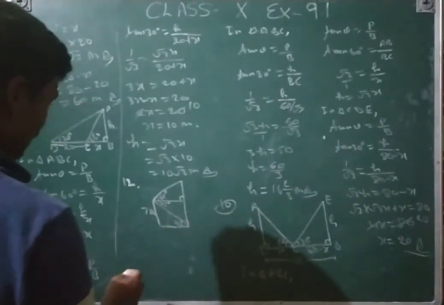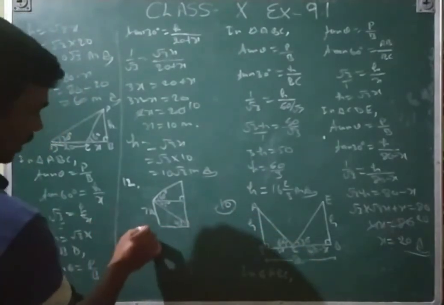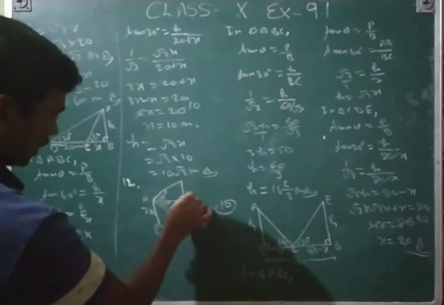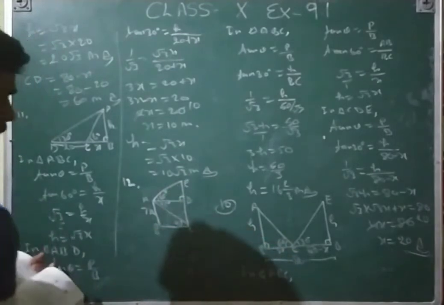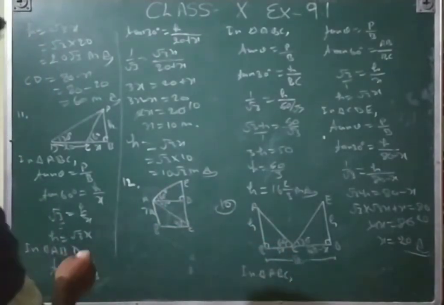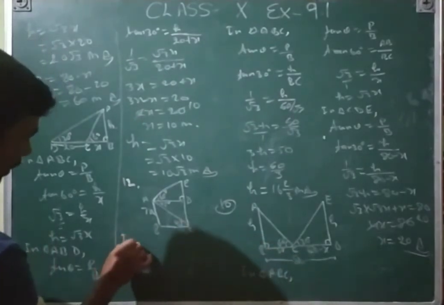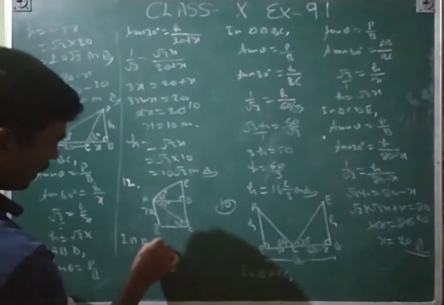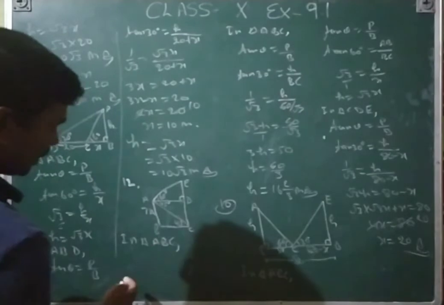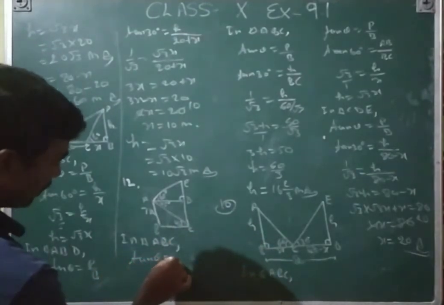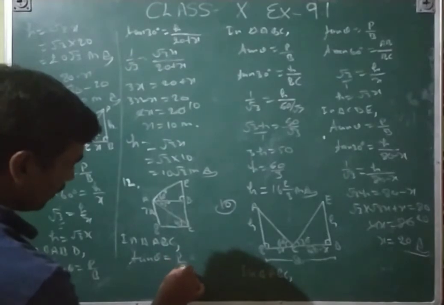So we will write the names like this: A, B, C, D, E. First of all, in triangle ABC, tan theta is equal to perpendicular upon base.